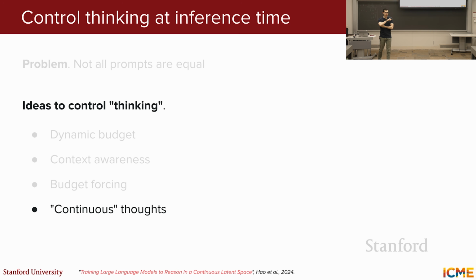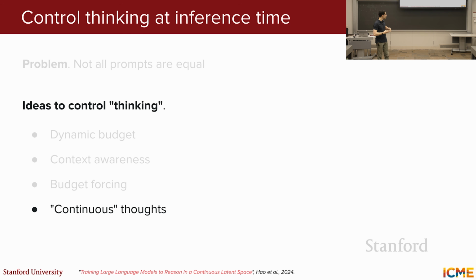And then if you think about it, your model gives tokens in its reasoning chain, but models may think in some other space, maybe not in the language space.